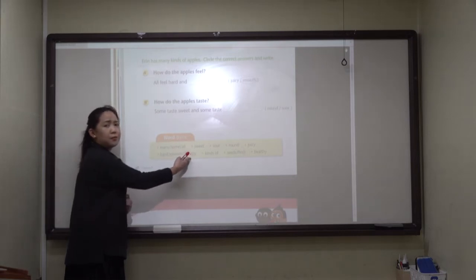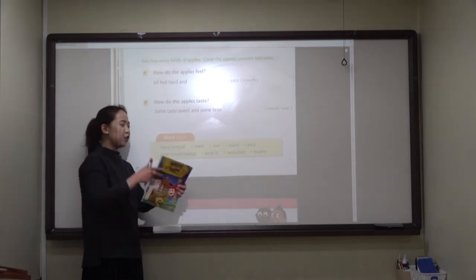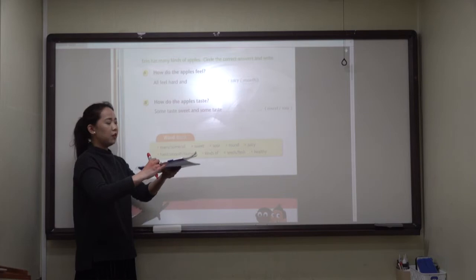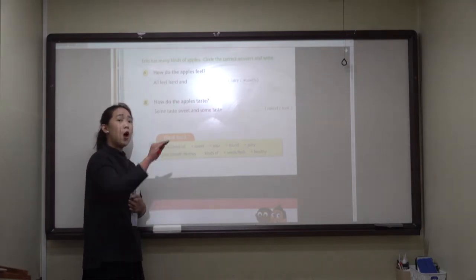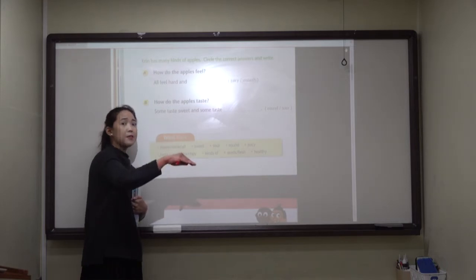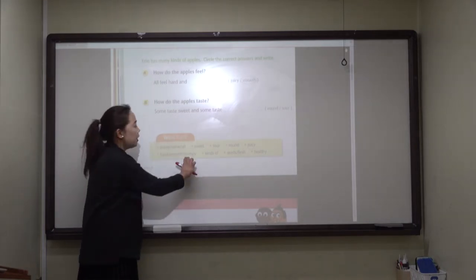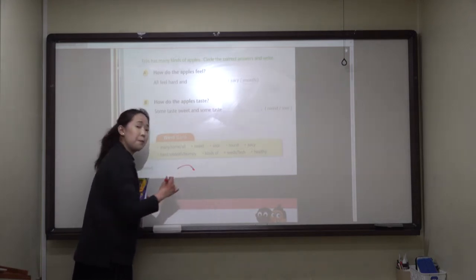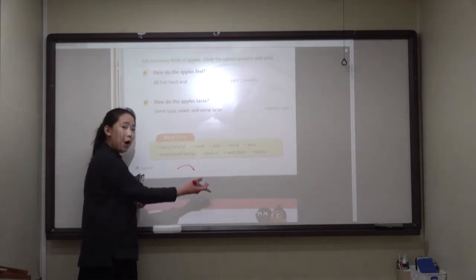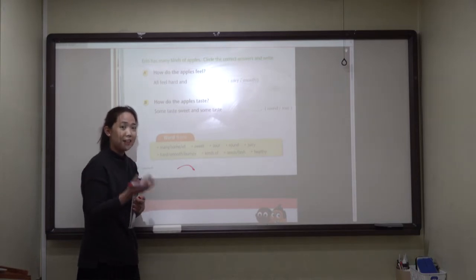What about bumpy? Just imagine a road. Sometimes there are humps. That hump is called a bump, like this. If you see lots of bumps, then it is bumpy.